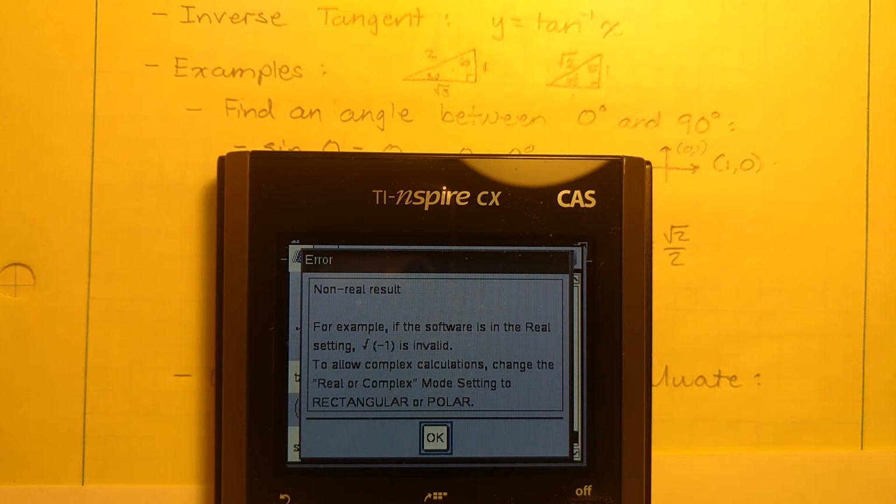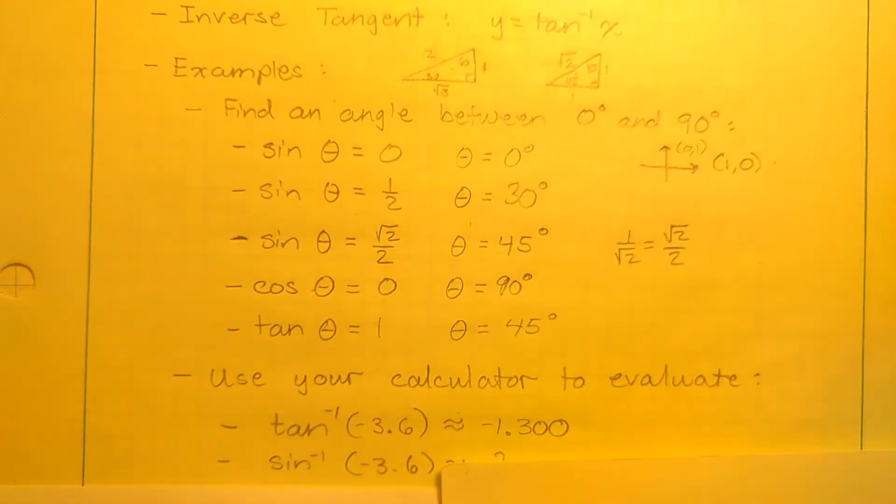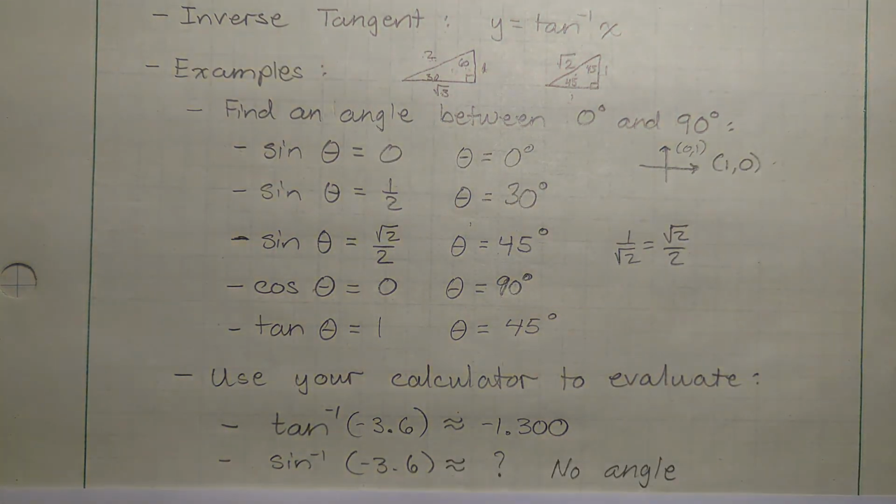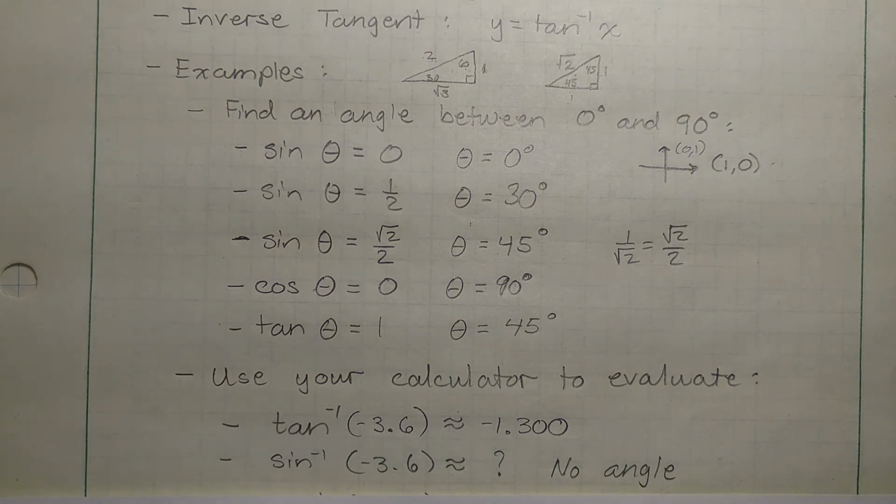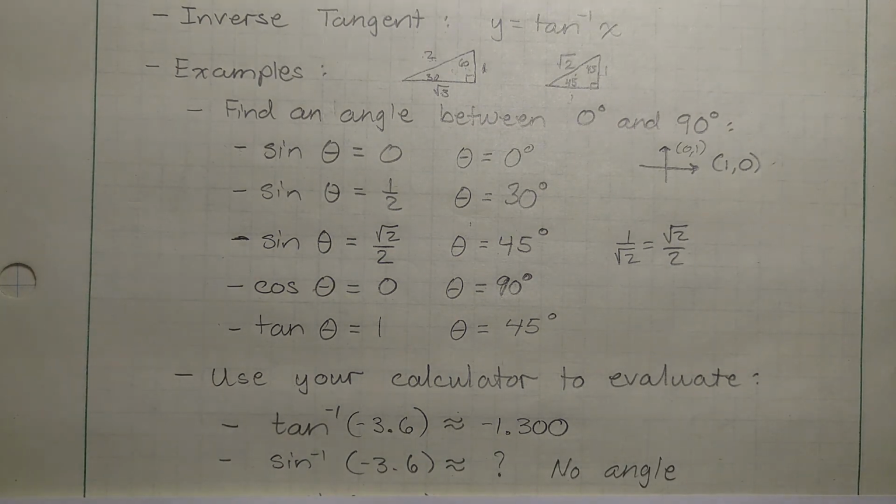Think about the sine function. Do we ever get negative 3.6 out of the sine function? The answer is no, it never goes lower than negative 1 or higher than 1. So the error message here is because there is no angle that makes the sine function equal negative 3.6. So the answer there would either be undefined, or you could say there's no angle. There is no answer to that. Okay.